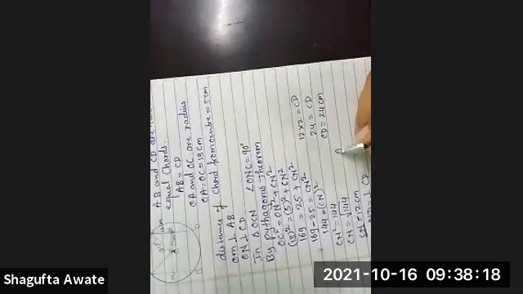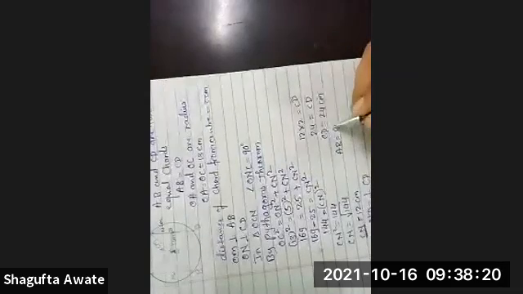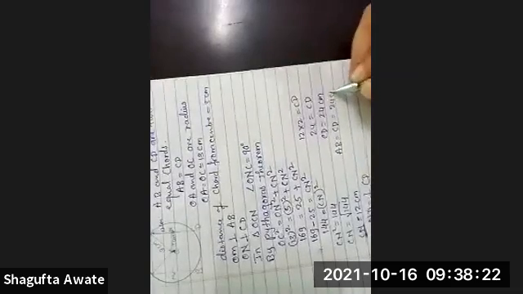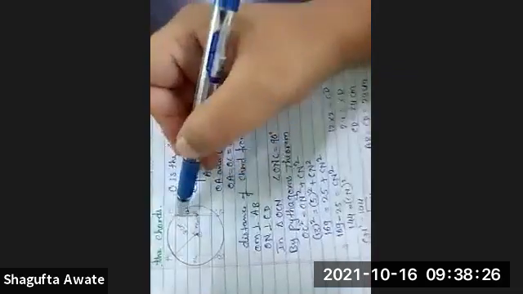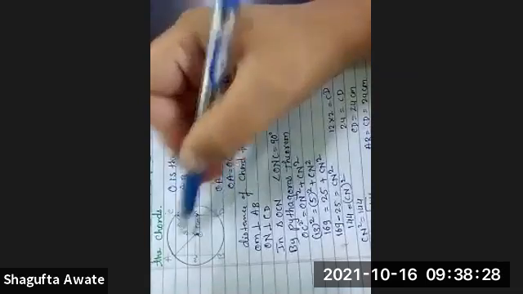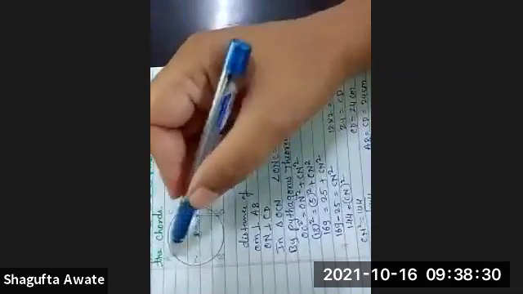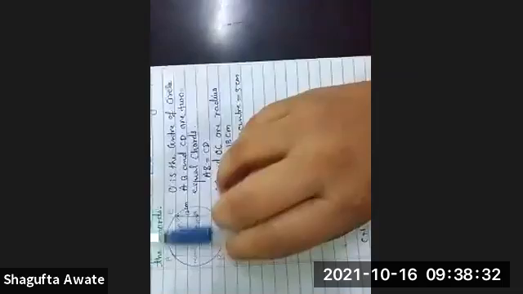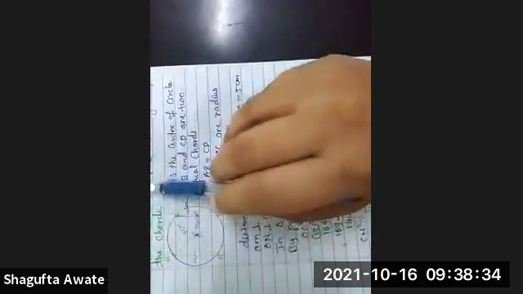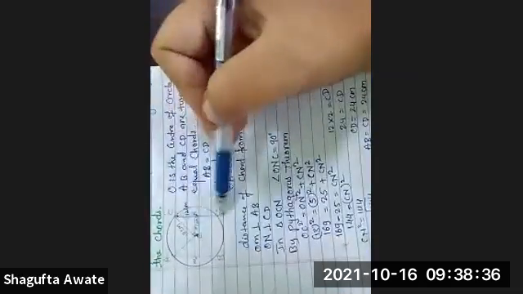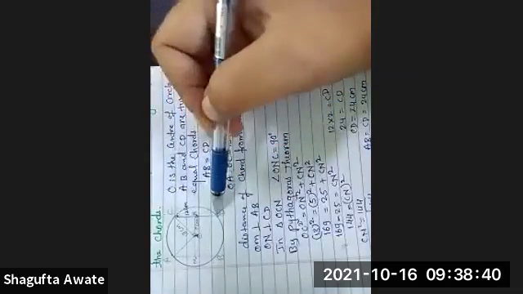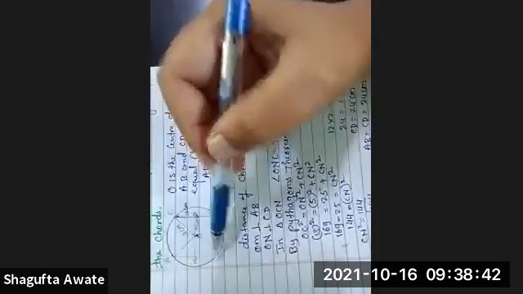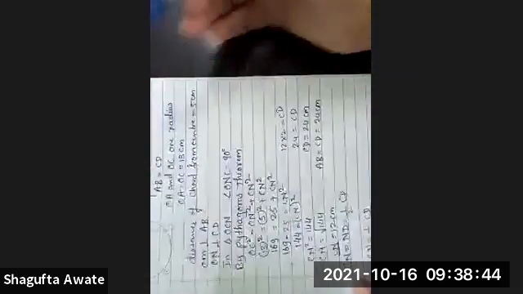So AB is equal to CD is equal to 24 centimeter. If CD is 24 centimeter, AB is also 24 centimeter, because they have told that two equal chords are there. CD and AB are the equal chords. When we say that CD is of 24 centimeter, then AB is also of 24 centimeter.